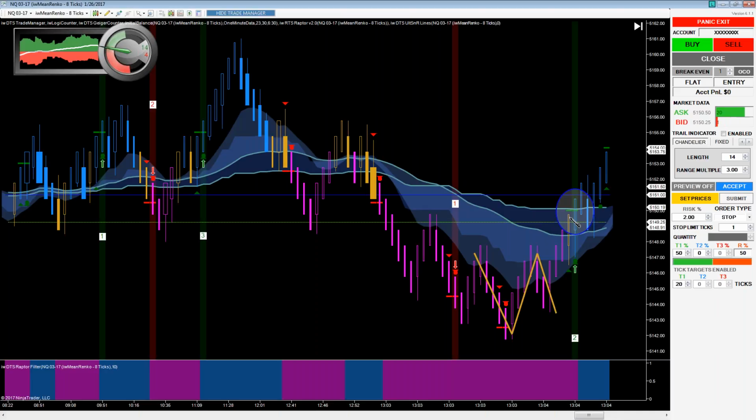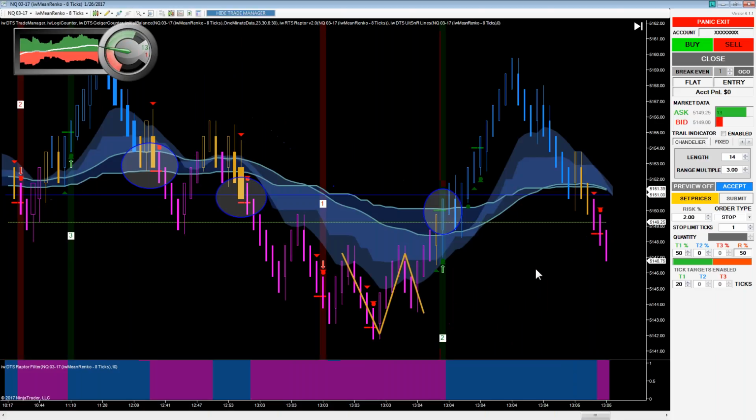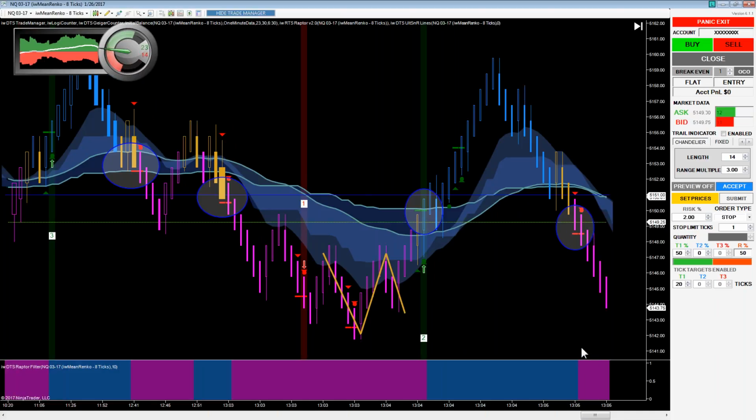If you dialed the value up, say to 5 or even 10 or something silly like that, you're going to get a number 2 printing here, here, and here. So you'll get every little hesitation against the prior trend viewed as a test of the extreme, and then the market will reverse and take the opposite signal.